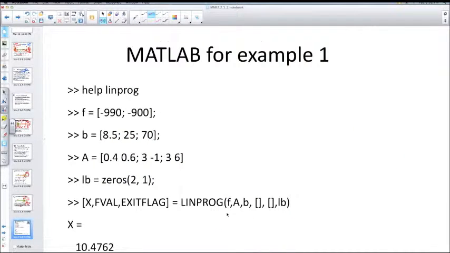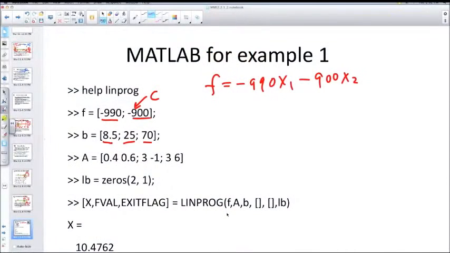Now look. That's my F. This is the C actually, the 2 coefficients. And the B, 3 constraints. You remember this F equals -99 x1 minus 900 x2.